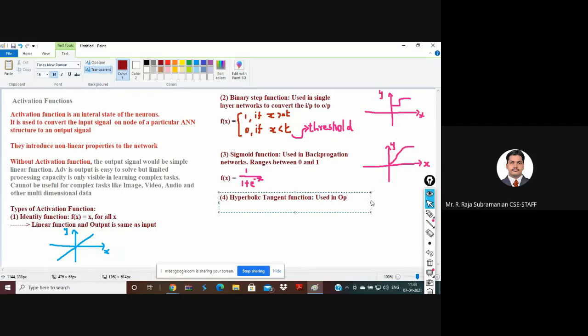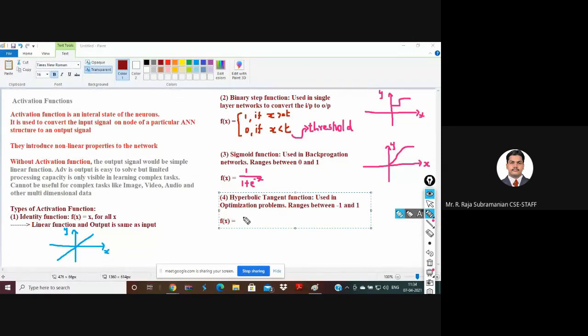It ranges between minus 1 and plus 1. So this is the difference between a sigmoid and a hyperbolic tangent. It ranges between minus 1 to 1, whereas sigmoid ranges between 0 to 1. That is the difference between the hyperbolic tangent and the sigmoid activation function.